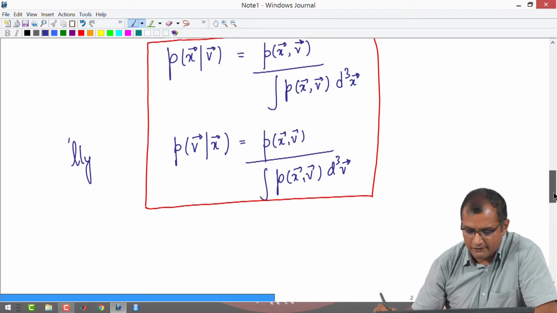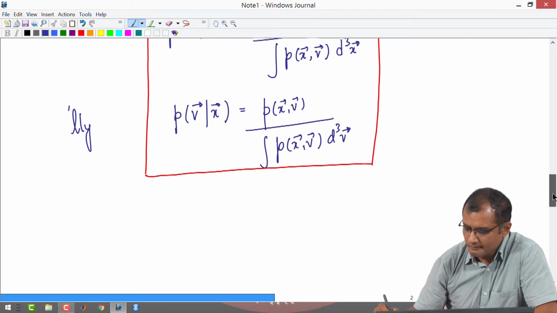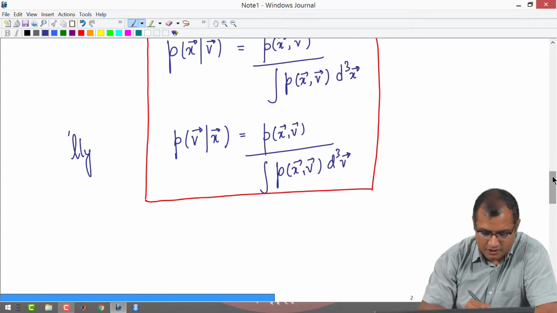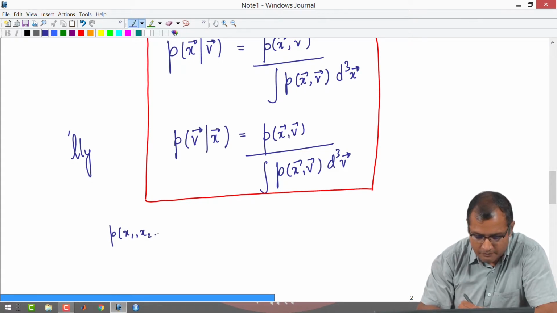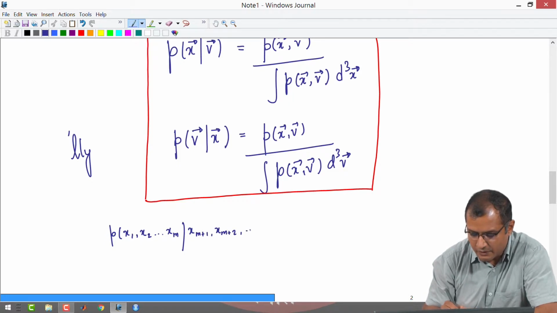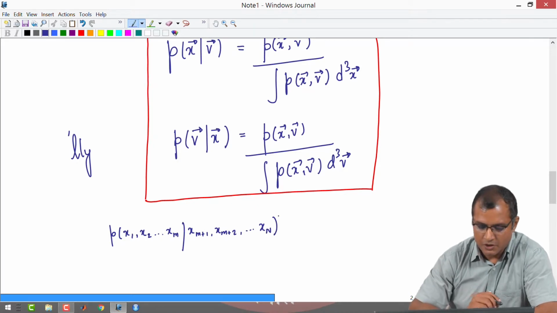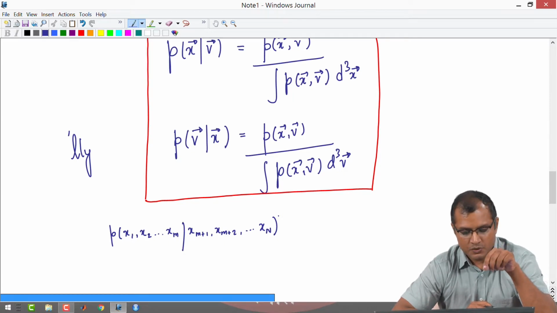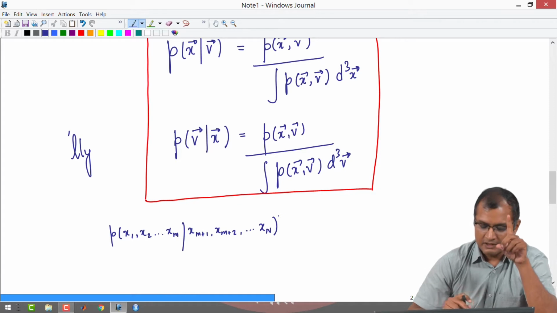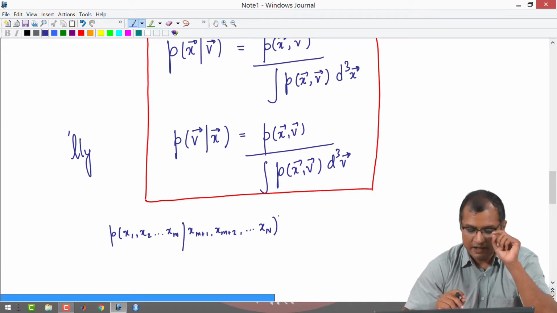So, if you want that out of the n random variables, you want information on a few of them, let us say up to m, such that the remaining random variables have taken up these values. Okay. So, you are asking what is the probability of finding x1, x2, xm such that variables from m plus 1 to n have taken these values. Okay.